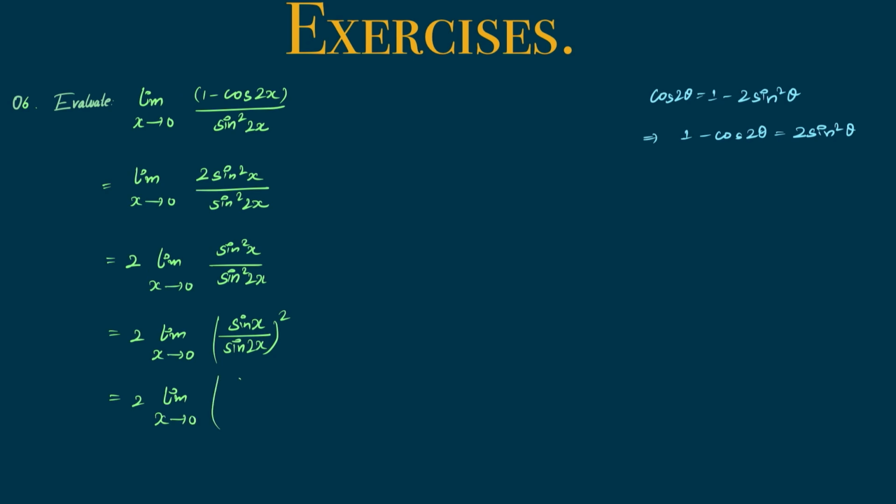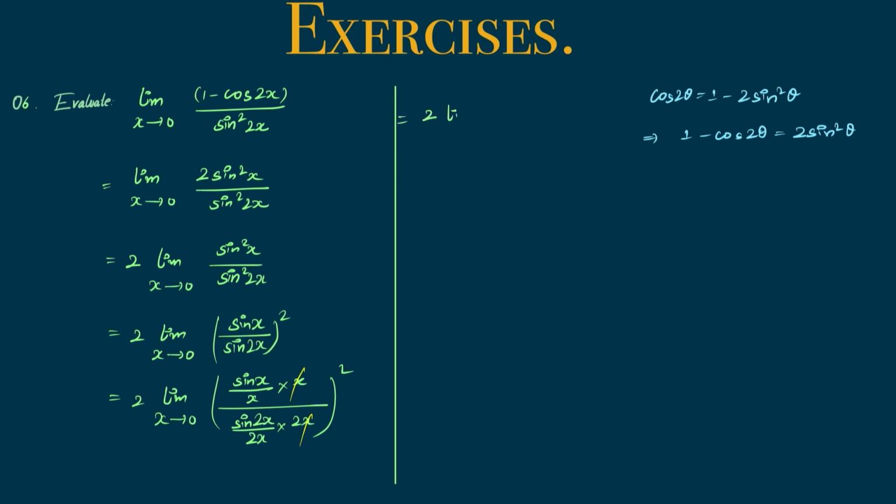Now in the numerator, let me write sine x, divide sine x by x and multiply by x, whole divided by sine 2x divided by 2x into 2x. I can do this. Here I cancel this x and this x.